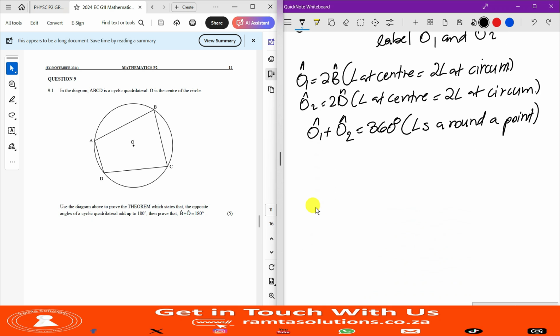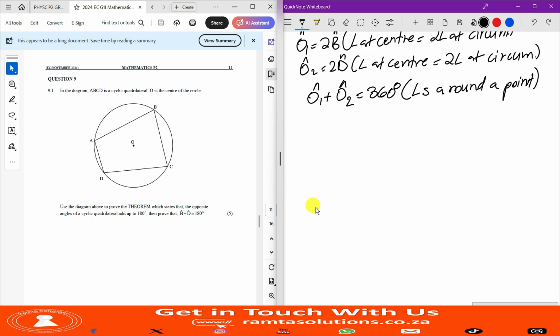We have said angle O1 is twice angle B, and angle O2 is twice angle D. So this is equal to 360 degrees. We can divide by 2 throughout. We will get angle B plus angle D is equal to 180 degrees. When you divide 360 by 2, it will be 180.